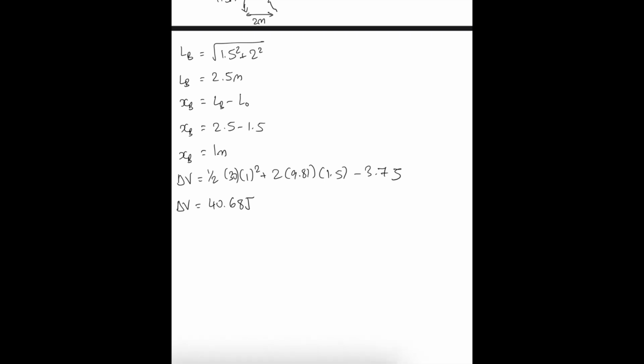Now that we've got all our values, we can plug it into our potential energy equation to give us sum of potential energy equal to 40.68 joules.